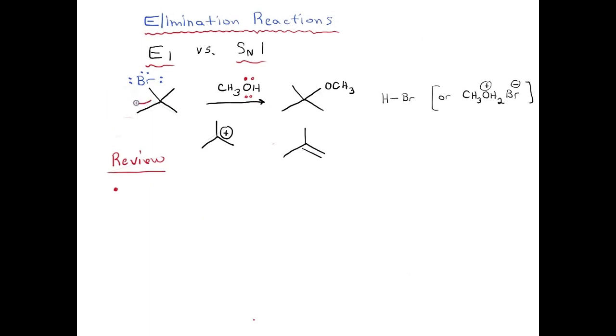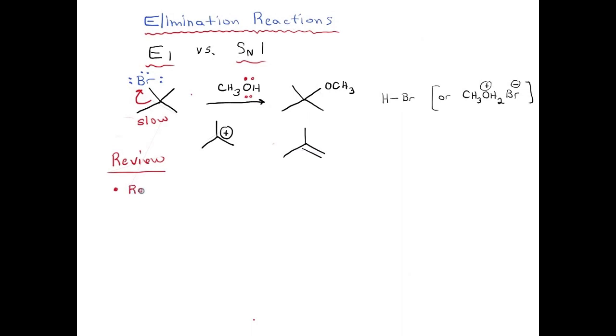So remember, the first step in both of these reactions is that the leaving group leaves. This is always the first step, and it is the slow step, which depends only on the concentration of our substrate.